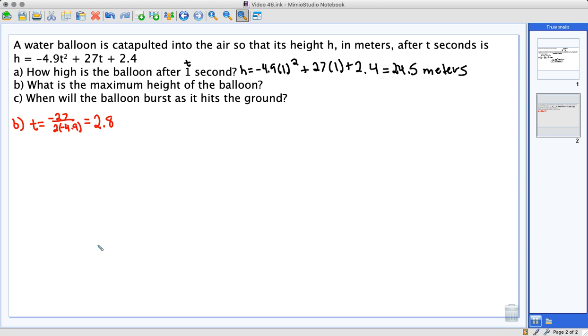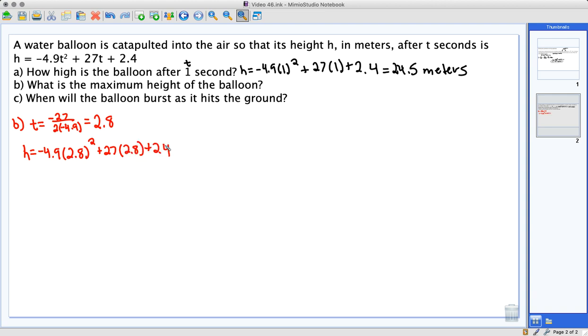So that's the time that it takes to reach its maximum height. Now we're going to take the 2.8 and plug it in. So we're going to have h equals negative 4.9 times 2.8 squared plus 27 times 2.8 plus 2.4.